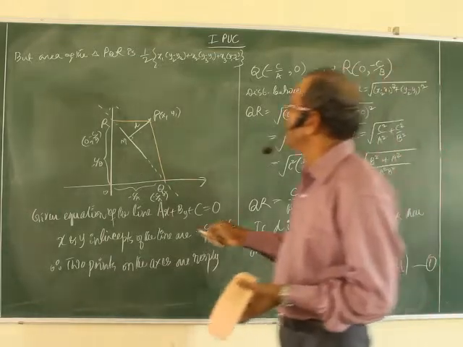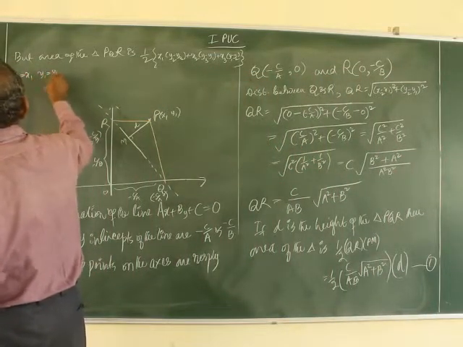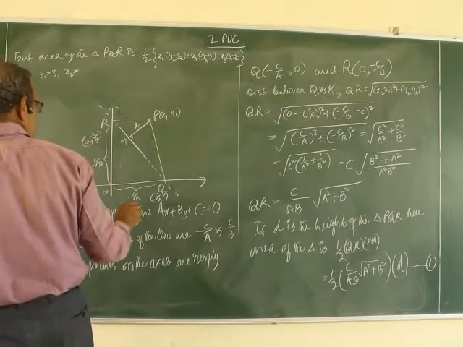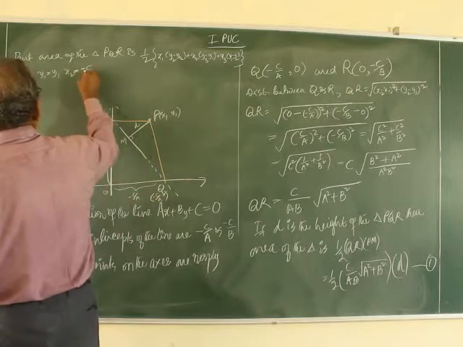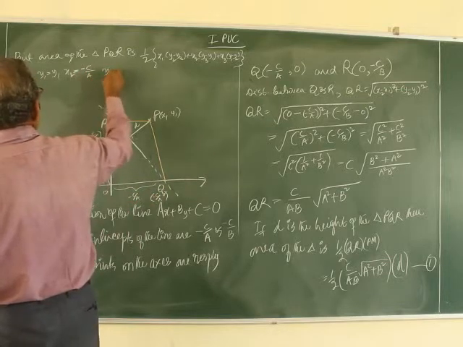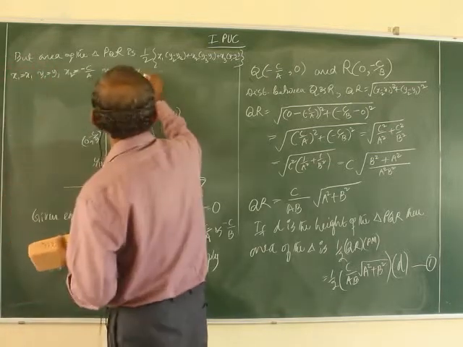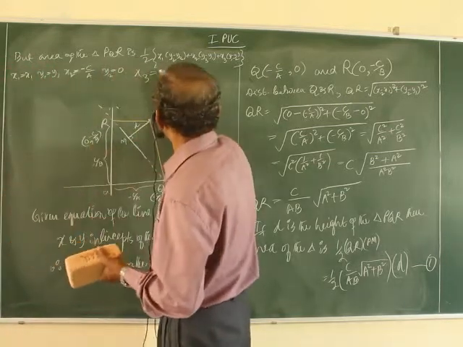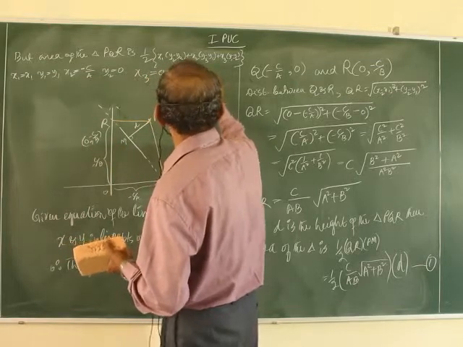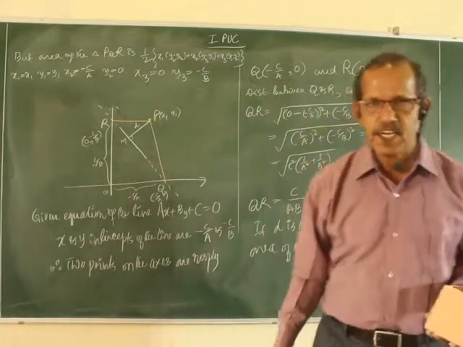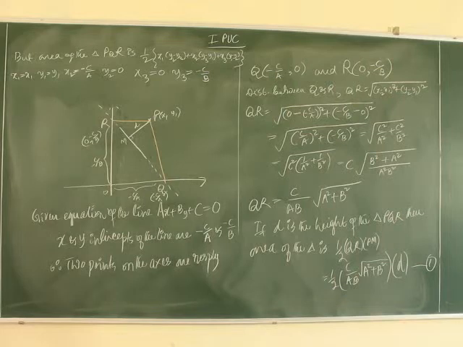If you have any complication, let me write this detail. x1 is x1 itself, y1 is y1, but x2 is minus c by a, y2 is 0. x3 is 0, y3 is minus c by b. Yes, all the three vertices are taken.